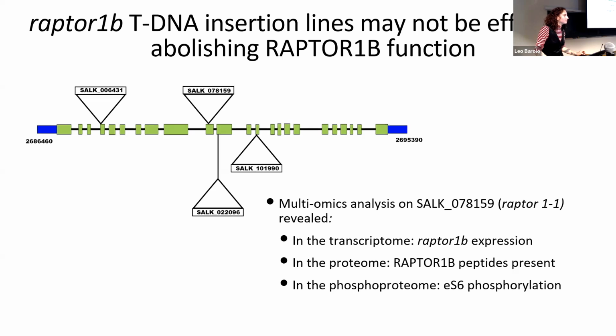When you did the multi-omics, was there any indication of a reduction of that? I'm sure you also did a regular genomic PCR to make sure the insert was really there, right? Yeah. But was there any indication of any loss?